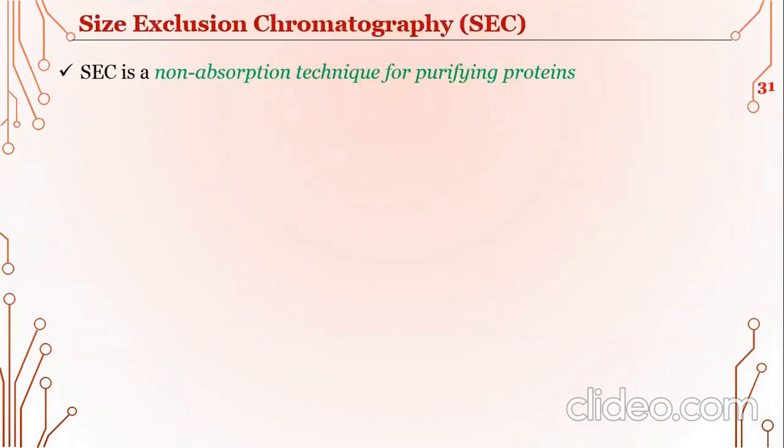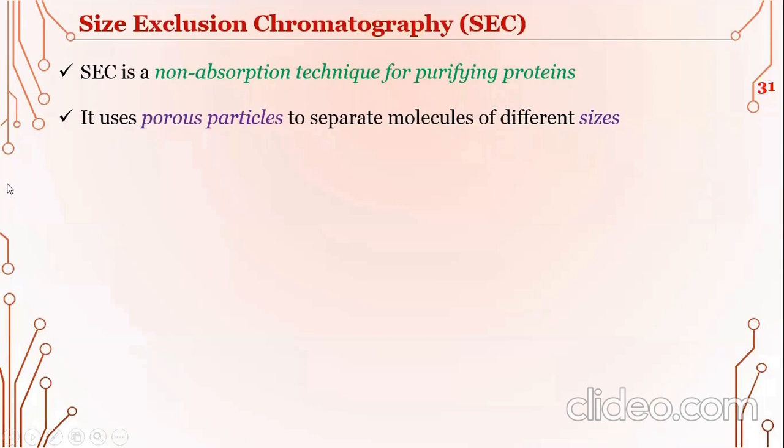Ion exchange depends on charges, but size exclusion chromatography, as its name indicates, depends on size. It is also known as a non-absorption technique for purifying protein, because we separate by excluding on size. Let's check how it works. It uses porous particles to separate molecules of different sizes.